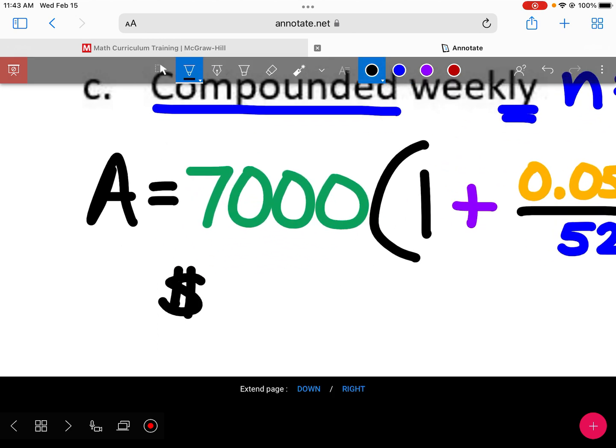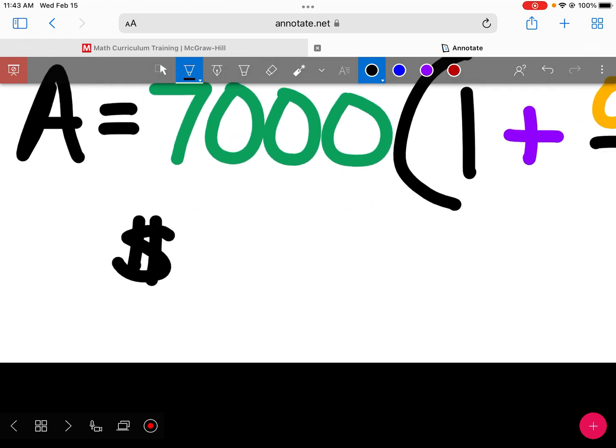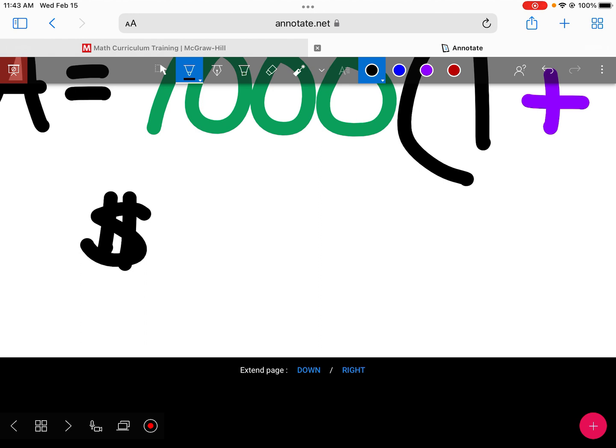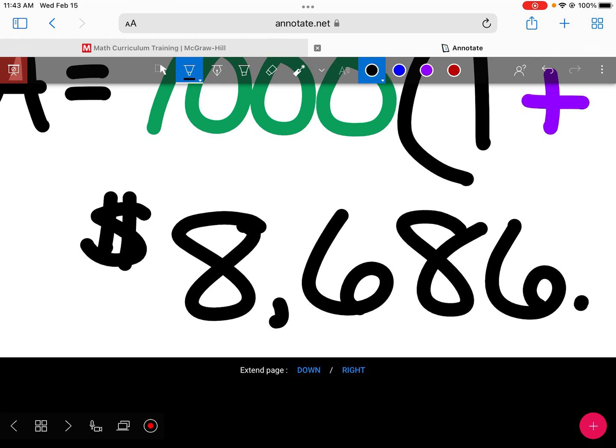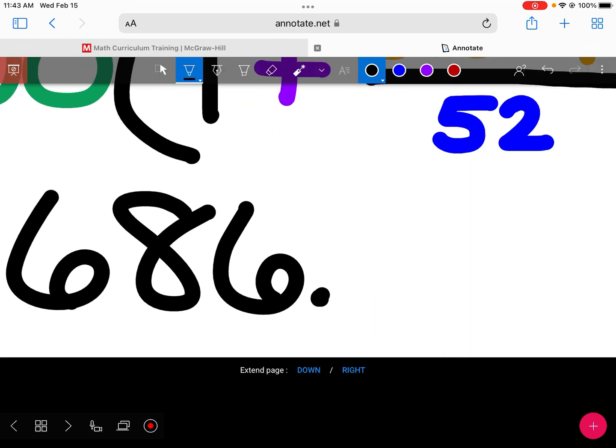So back into my calculator I go. Yes, 8,686, so 8686 and 74 cents.